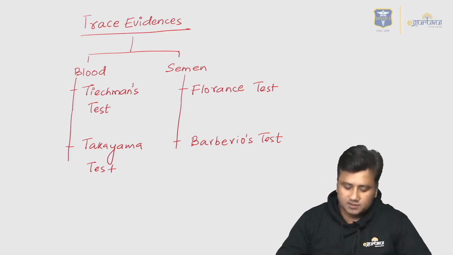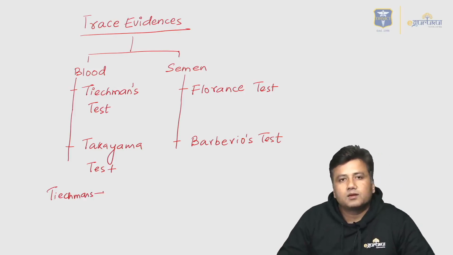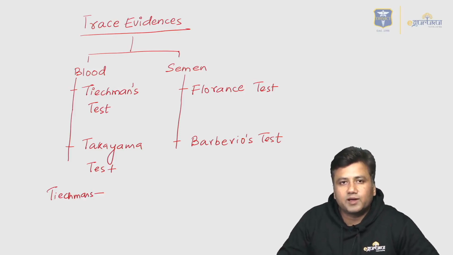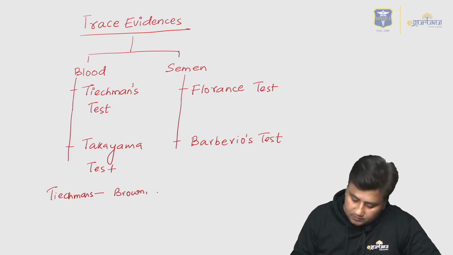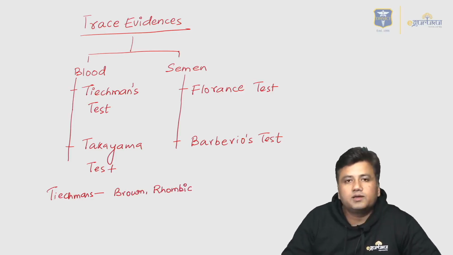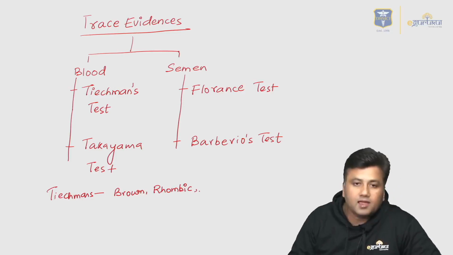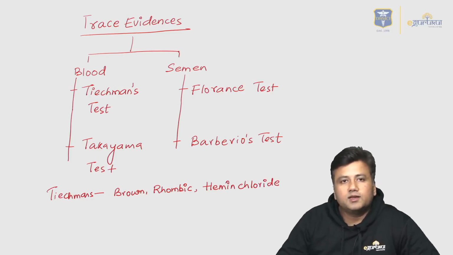In Teichmann's test, the crystals generated for microscopic appearance are brown in color, rhombic in appearance, and they are crystals of hemin chloride.